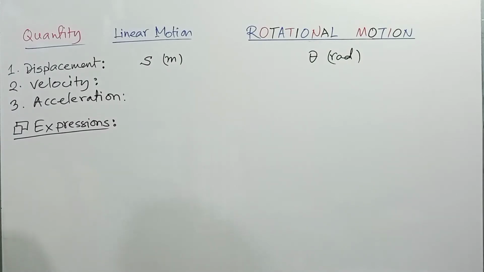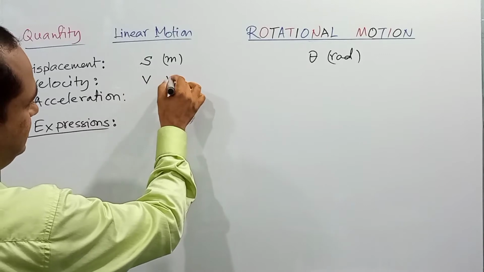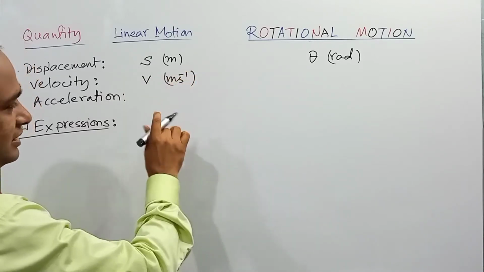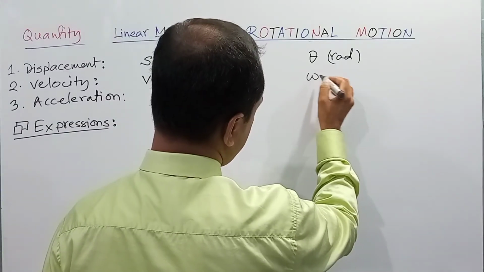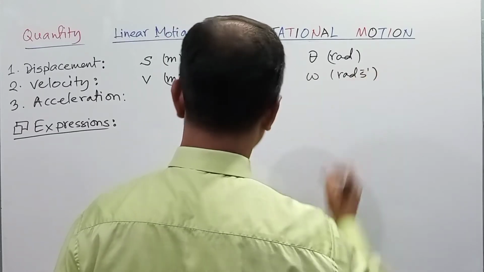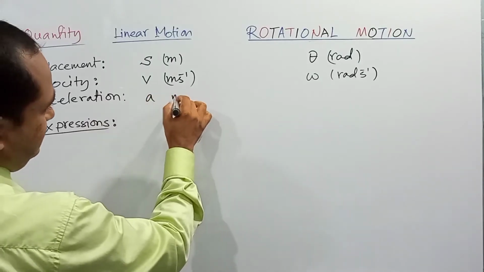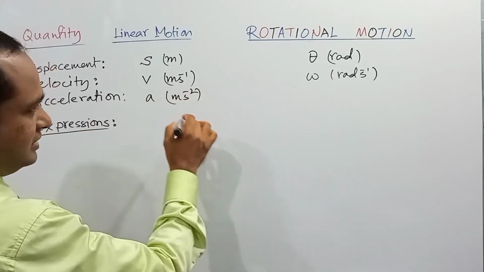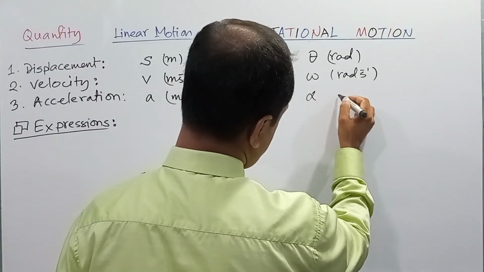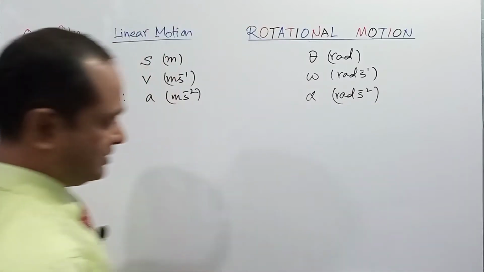And the velocity for linear motion is denoted by V, with unit meter per second, and in rotational motion it will be omega, with unit radian per second, right? Acceleration will be denoted by A, with unit meter per second square, and in rotational motion it will be alpha, with unit radian per second square, right?